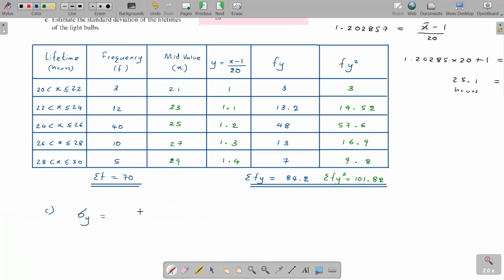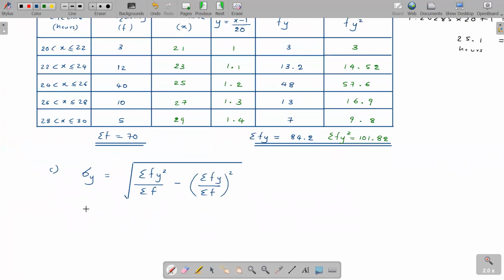Sigma y equals the square root of sigma Fy squared over sigma f, minus (sigma Fy over sigma f) whole squared. Sigma Fy squared is 101.82 over sigma f, which is 70, minus sigma Fy, which is 84.2, over sigma f, 70, whole thing squared.